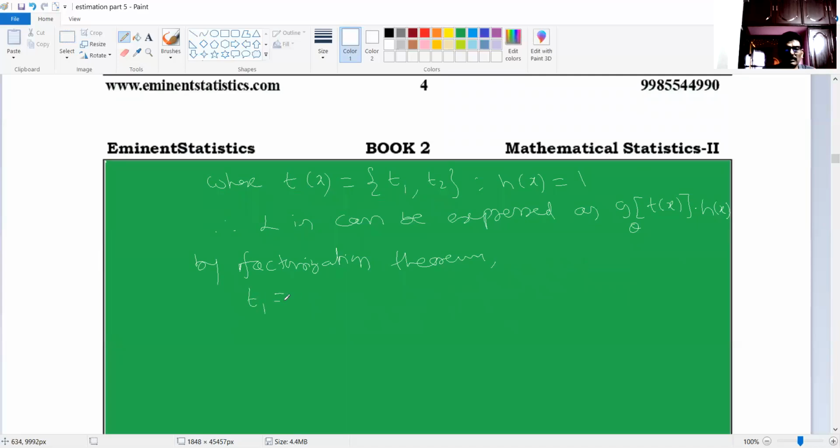T1, summation xi, i running from 1 to n, is a sufficient estimator of mu.